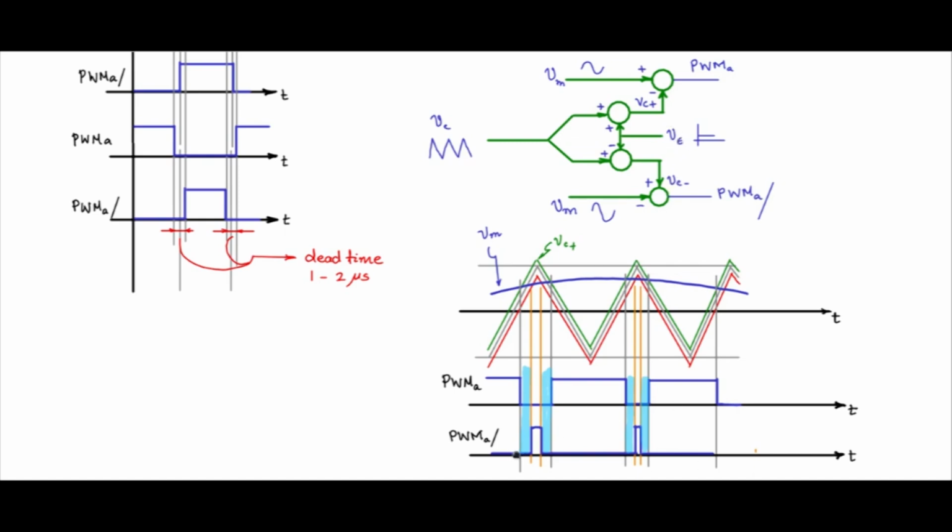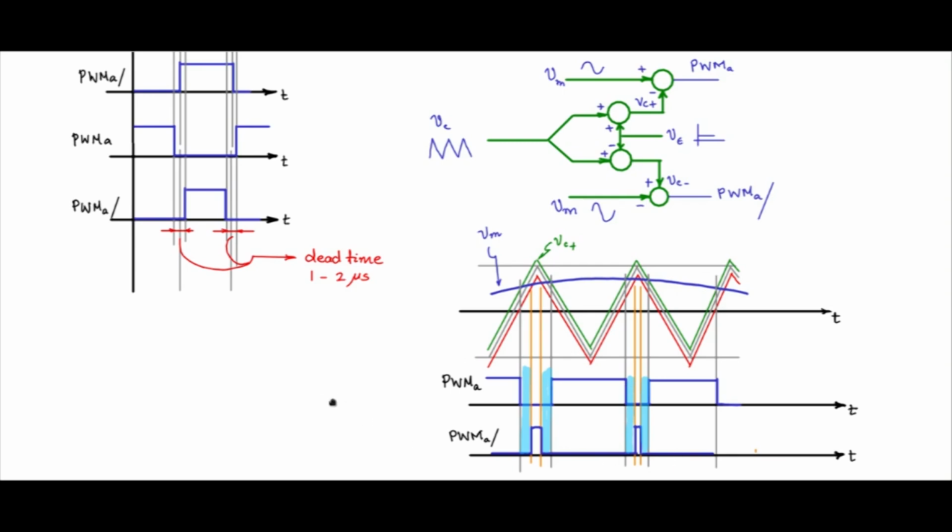So V epsilon will determine what is this fixed dead band. Irrespective of the pulse width, this fixed dead band will be given between PWMA and PWMA bar. So this is the dead band that will be used to protect or avoid any shoot through currents in the arms of the full bridge circuit.